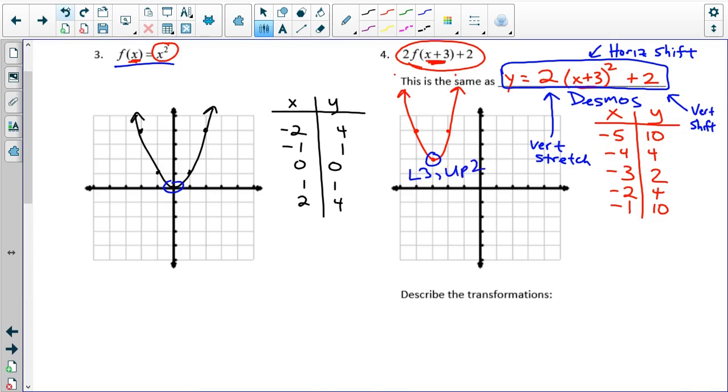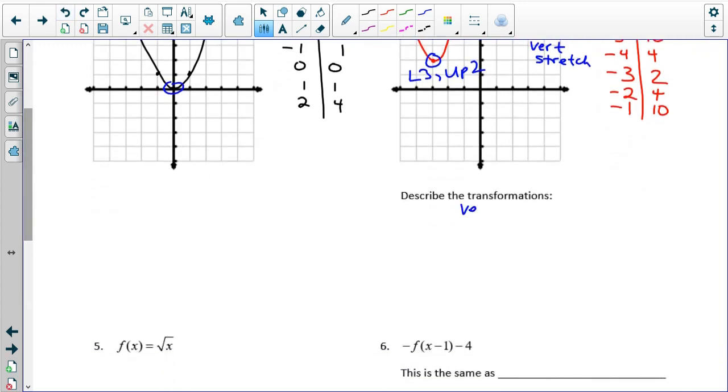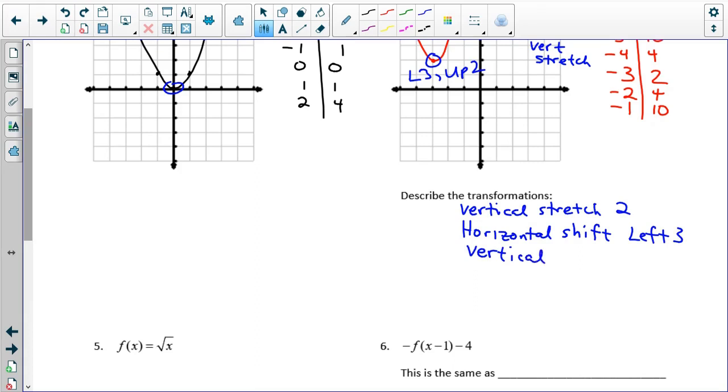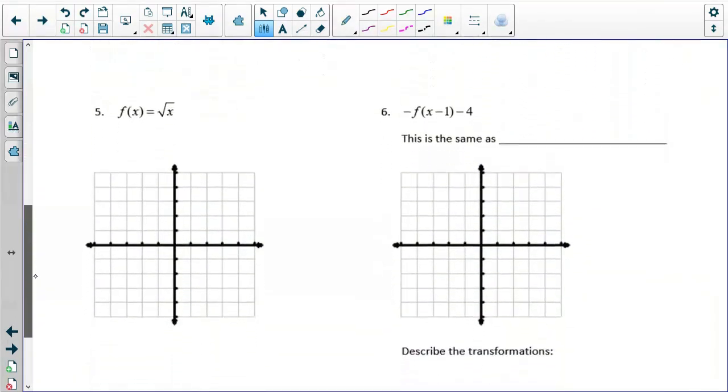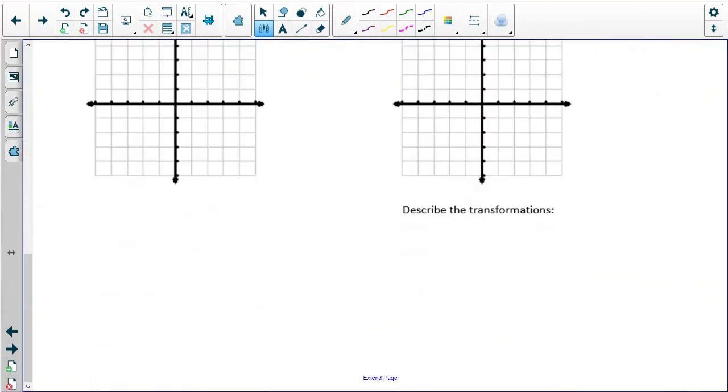So if I describe the transformations, I have a vertical stretch of 2, a horizontal shift left 3, and a vertical shift up 2.